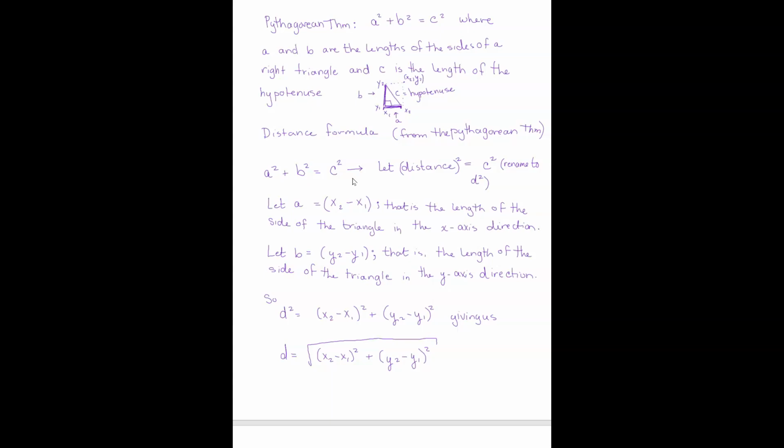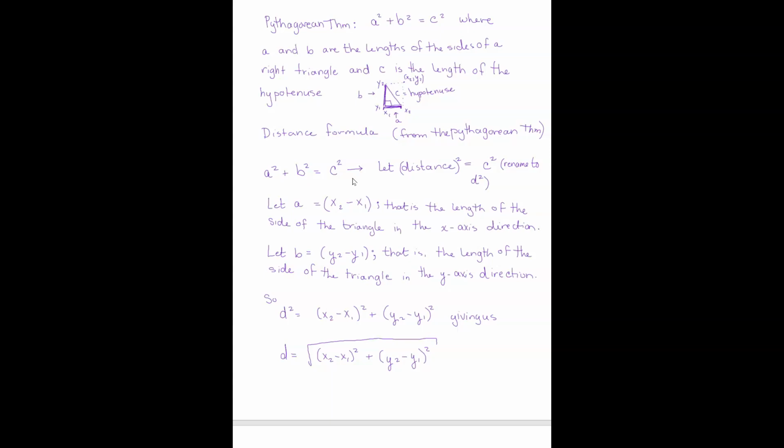But in order to get the visual of this, I want to make sure that people can see what's happening here. All right. So now I've got my side B, which I've said is running along the length of the triangle that's on the y-axis. My A is the x-axis side. And so now we're going to plug it in.